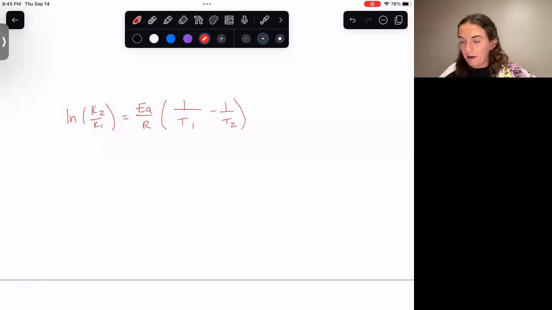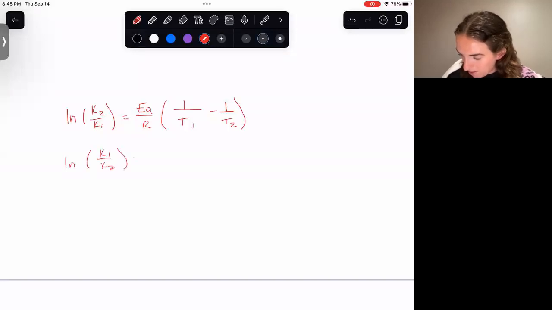Yep. So that was perfect here. It does not matter whether you put K1 or K2 on top in your ln. The only thing that matters is that they are opposite with your temperatures. So this is the same equation.